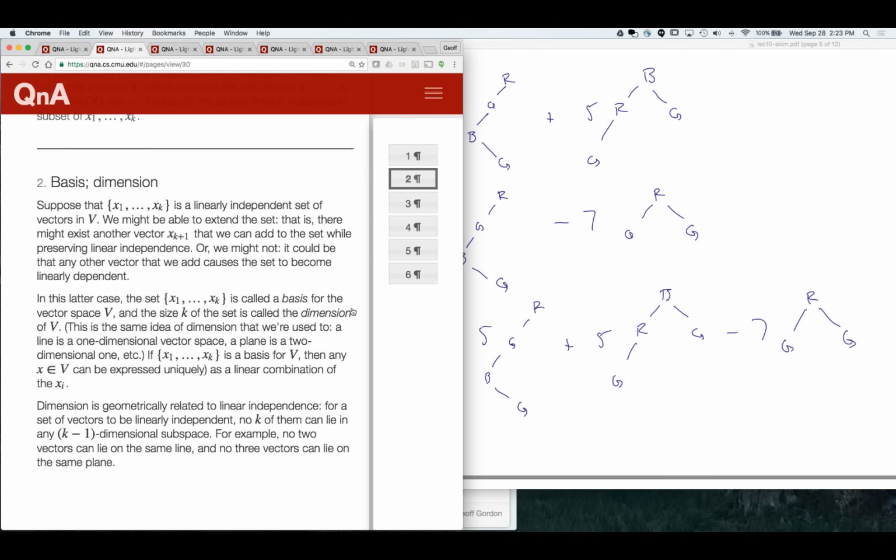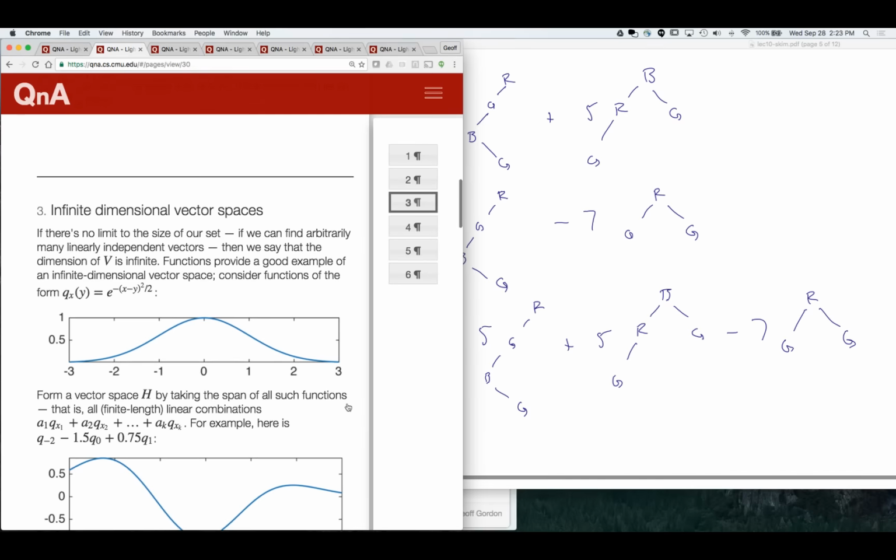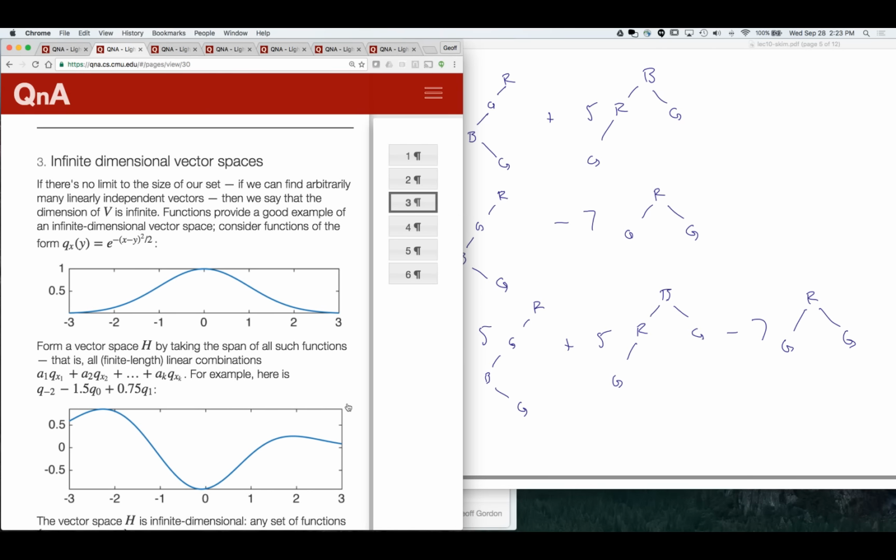And that's the geometric interpretation of linear independence. And if we can make a linearly independent set of an arbitrarily large size, we're going to say that our vector space is infinite dimensional. And so I already gave this example. Our vector space of functions is infinite dimensional.